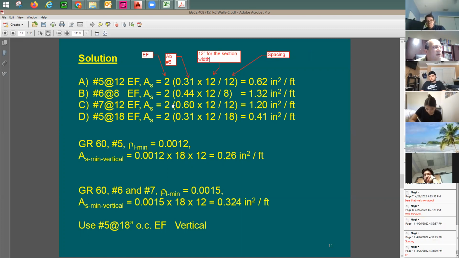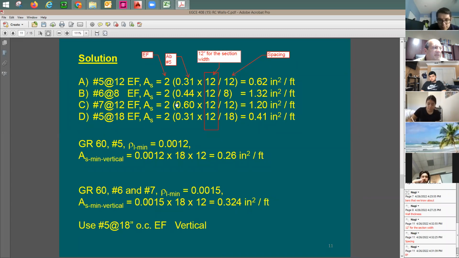Let me repeat it here. I have number 6 at 8 inches, 2 rebars because I have each face, 0.44 cross-section area for number 6, 12-inch strip width. This is going to be the same for all of them. Now divided by the spacing, the 8 inch.